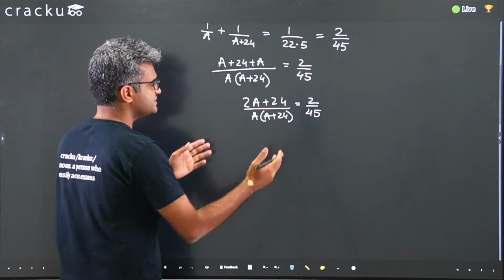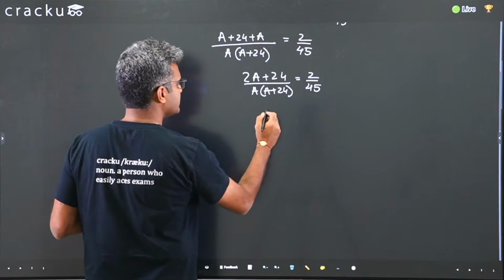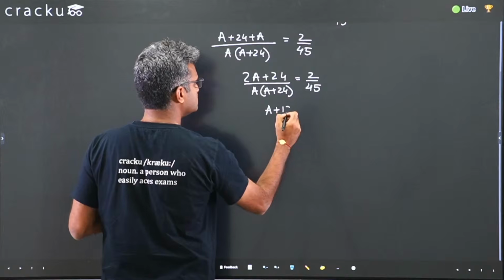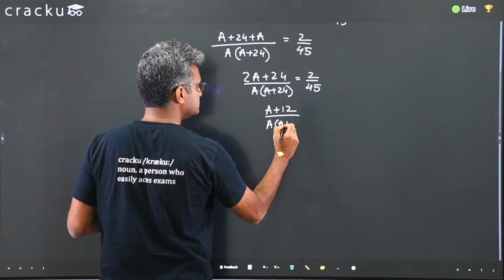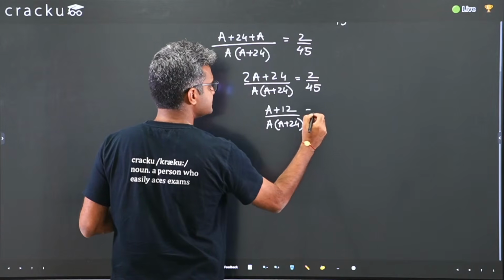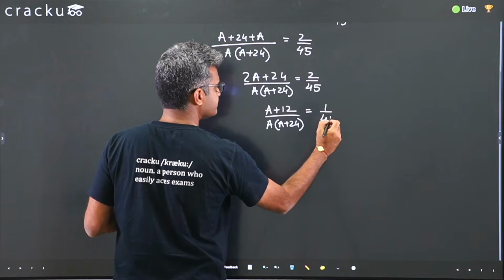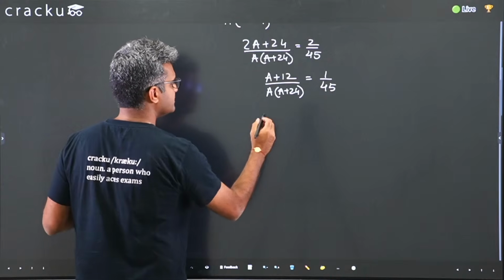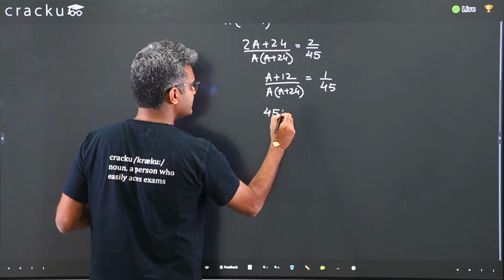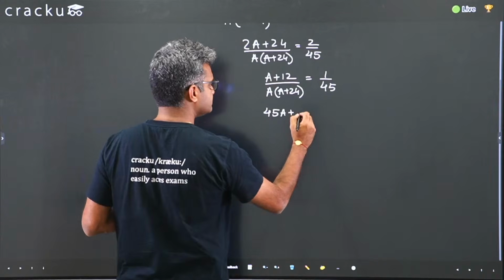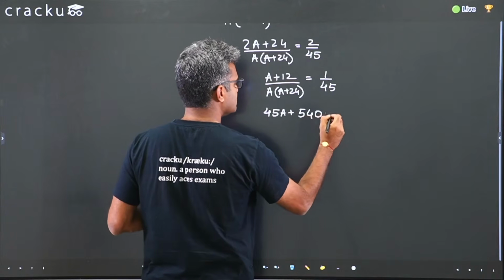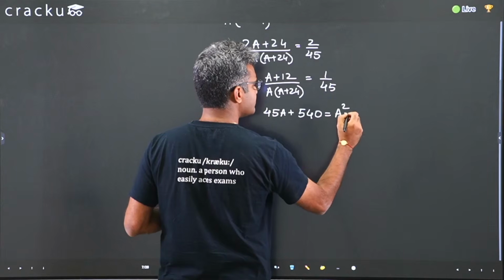We can divide both sides with 2. So you are going to get A plus 12 divided by A into A plus 24 is equal to 1 by 45. If you cross multiply, this will be 45A plus 45 into 12 is 540 is equal to A square plus 24A.